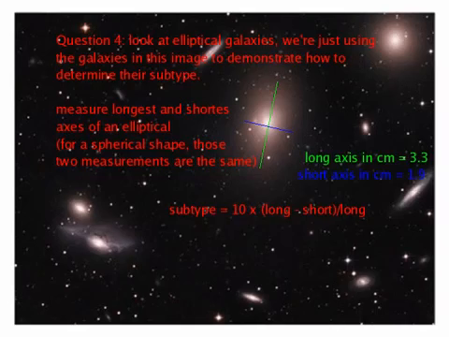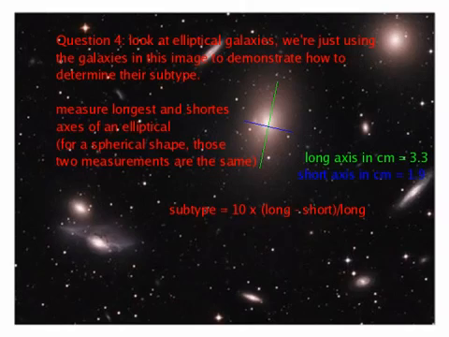So 1.4 times 10 would be 14. Okay, and 14 divided by 3.3. Almost sawed off the limb that I went out on.